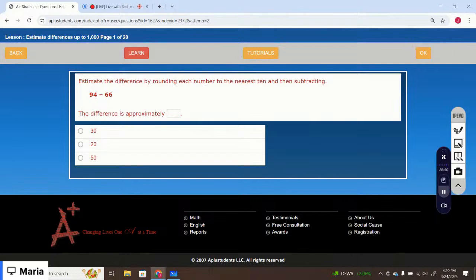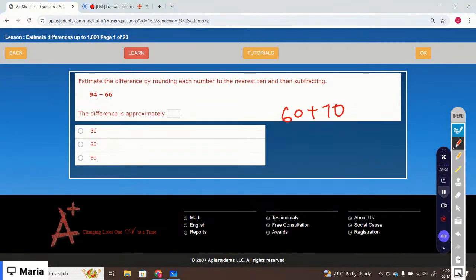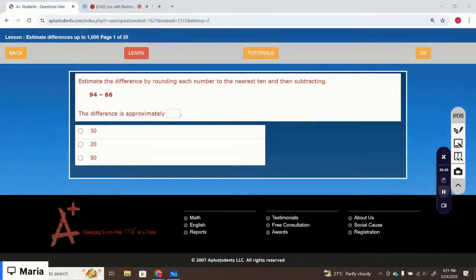So 94 is rounded to 90 and 66 is rounded to 70. So 90 minus 70 equals 20. Option number 2 is the correct option. The estimated difference is 20.